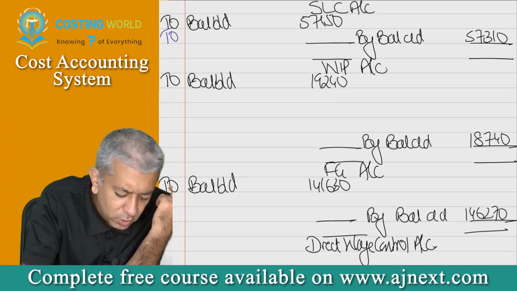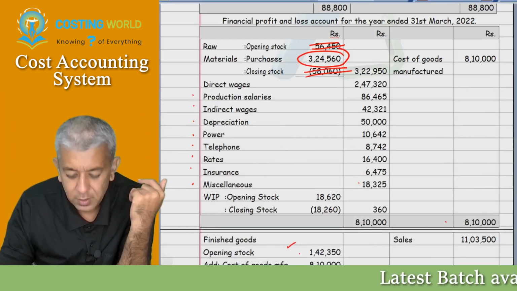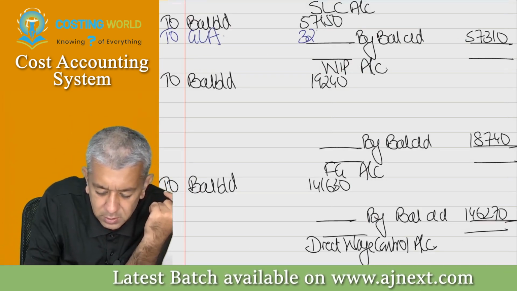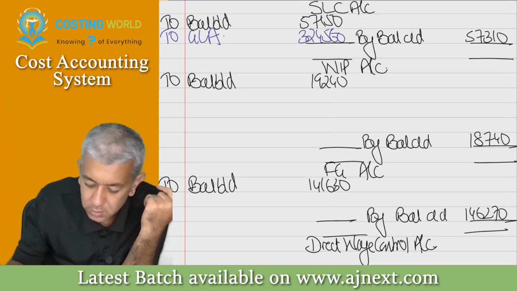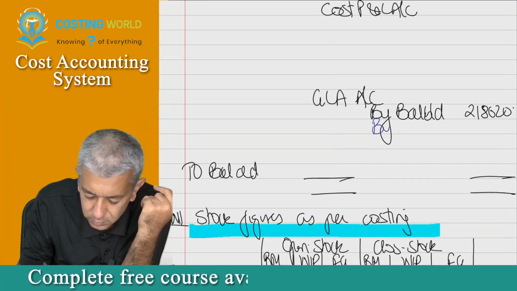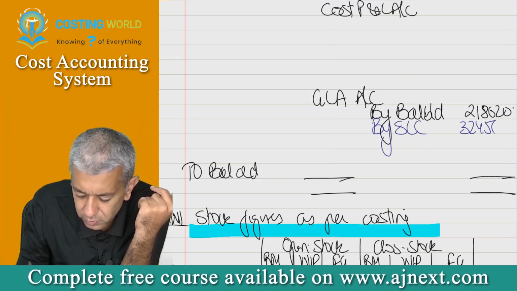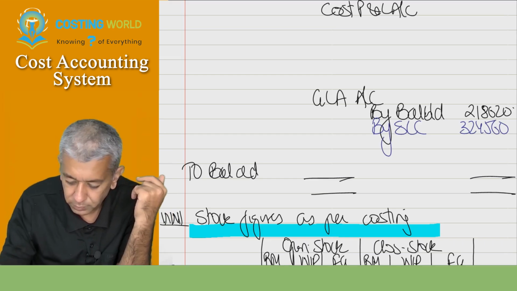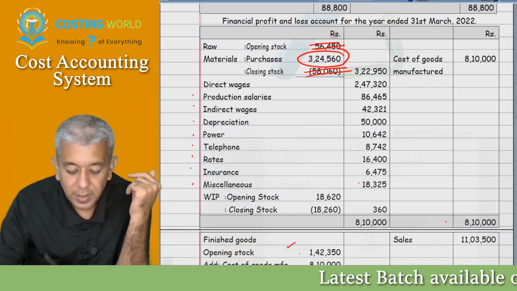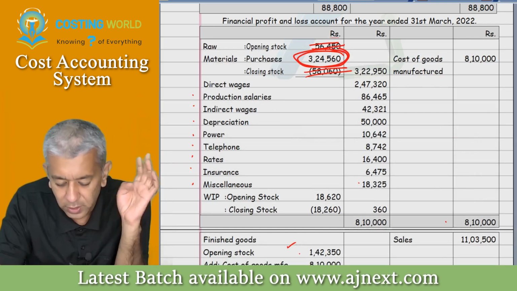But creditors will not be coming. Instead of creditors, GLA will be coming, 324,560. Now, help me to search transactions. This particular thing is altogether over.